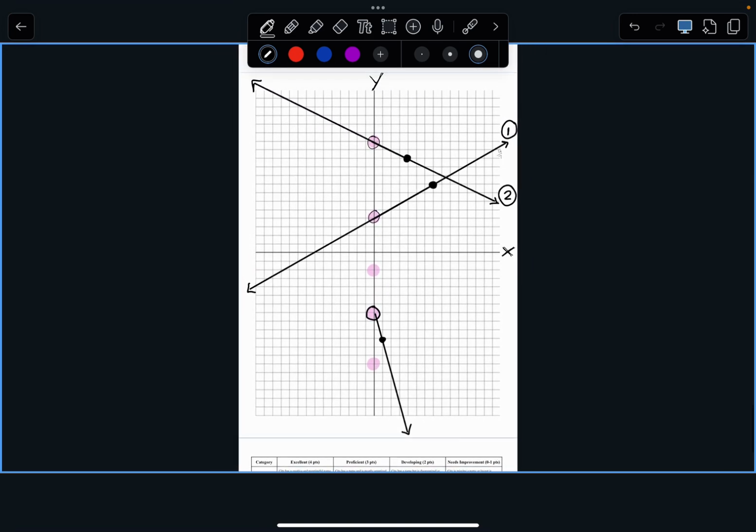Okay, and I want you to extend it and make sure you're extending it through your whole graph. And I'm going to label that one as my third one. Going to find my slope.